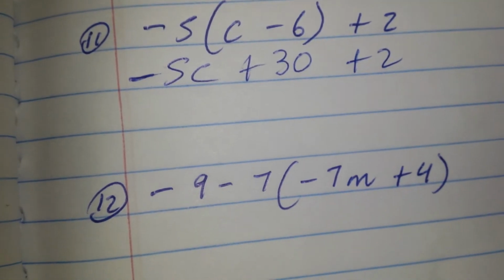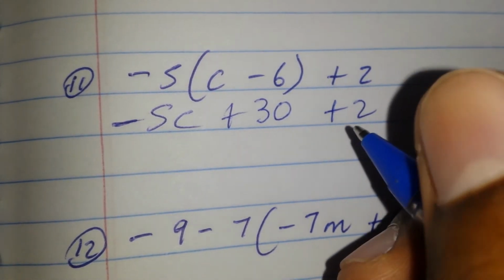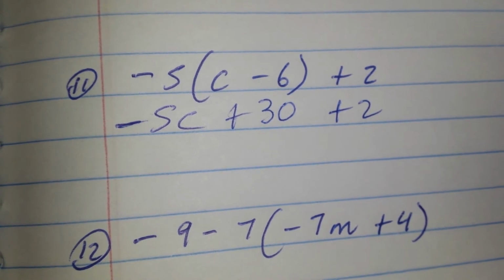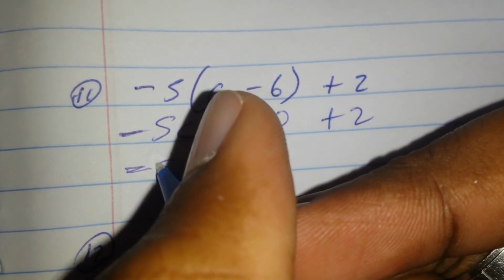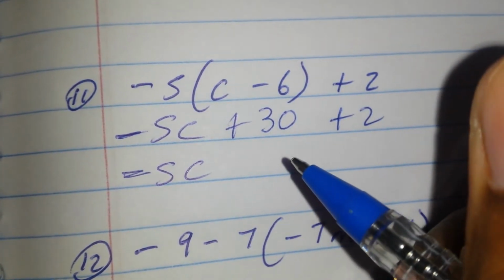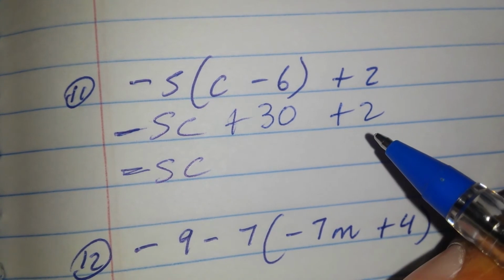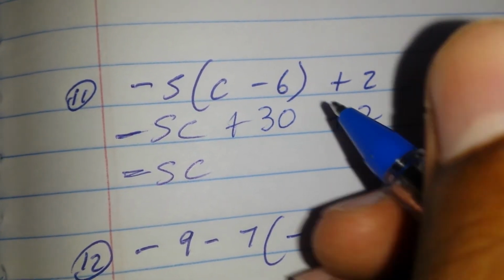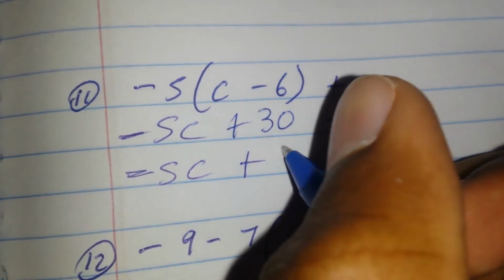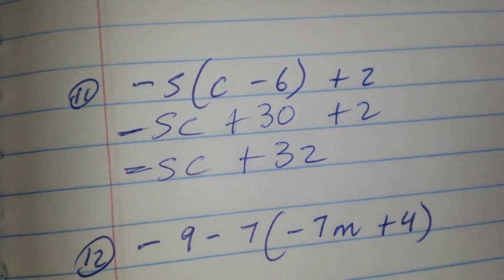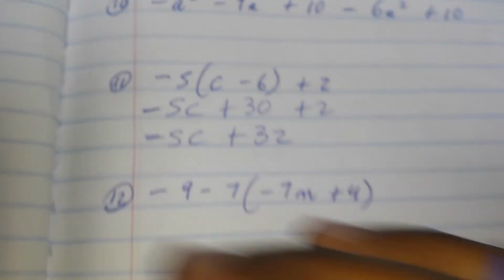So like terms, what are the like terms here? Pause the video and do it. Alright, so the like term, you could just write back the minus 5c because there's no variable to simplify with. We have the two numbers here which can actually simplify and give us a positive 32. I think you all get the gist of it.